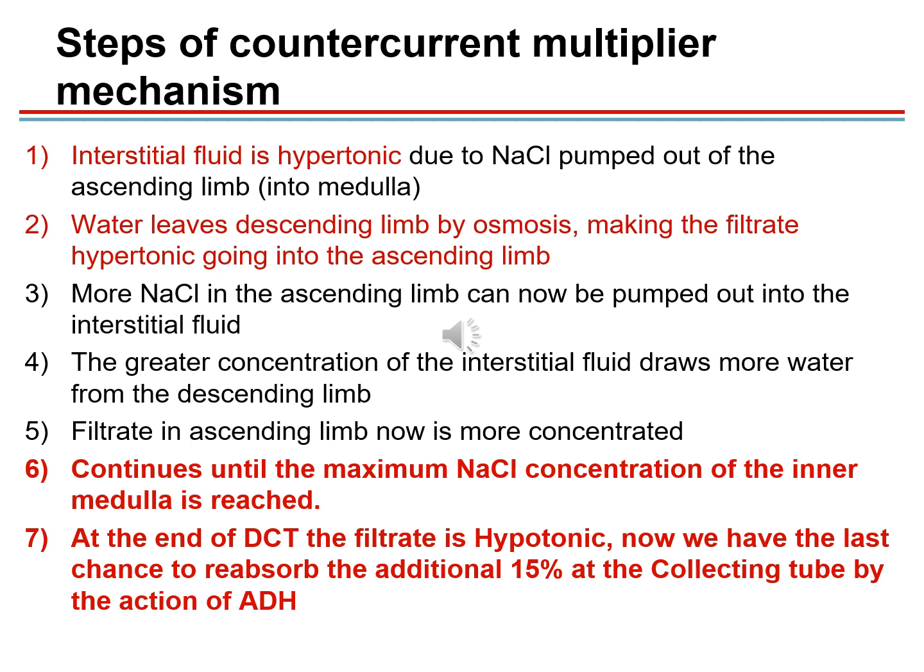After I explained the specific mechanisms that take place in the ascending limb and in the descending limb, I took the time to summarize here the sequence of events that happen in the countercurrent multiplier mechanism. Now, the first step is that the interstitial fluid is hypertonic.